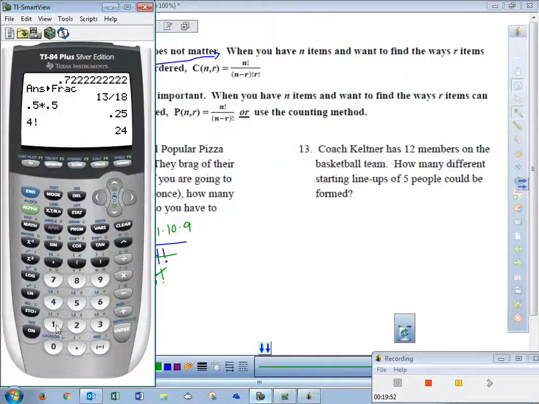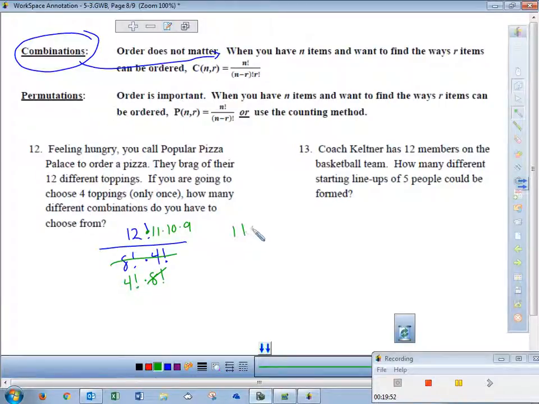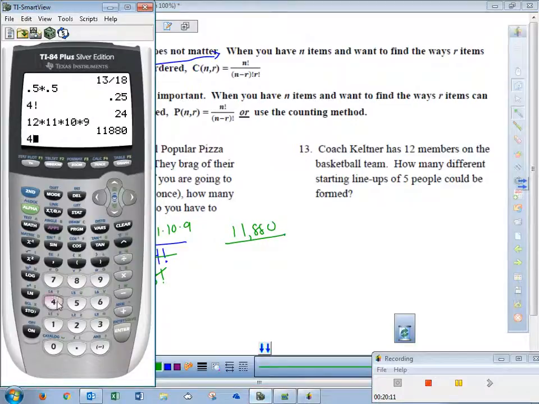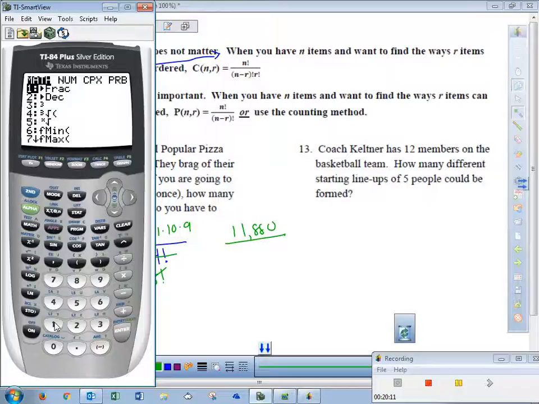So we'll do that. 12 times 11 times 10 times 9, which is 11880 over 4 factorial, which is 4 times 3 times 2 times 1. If you need to punch that in, you can, but 4 factorial is going to be 24.